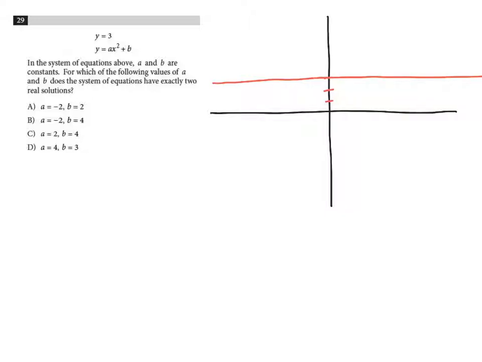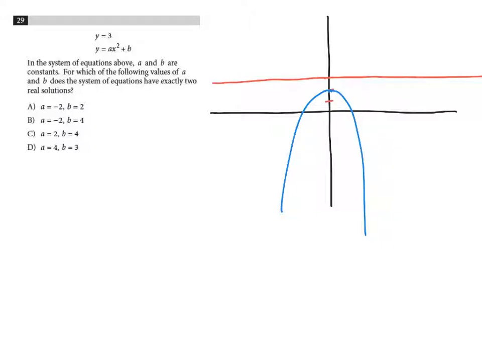Well, the first one, if b is 2 and a is negative, then it will be something like this. That's going to have 0 solutions.